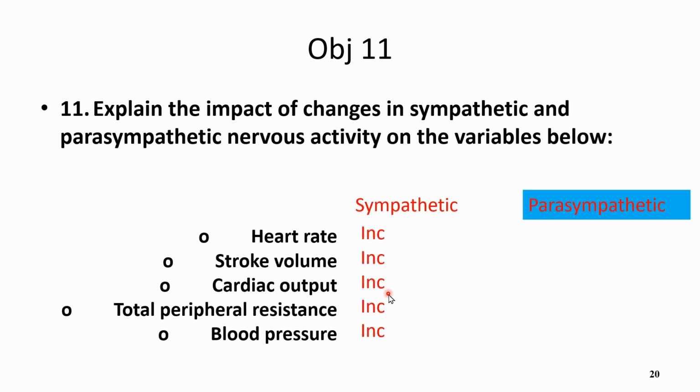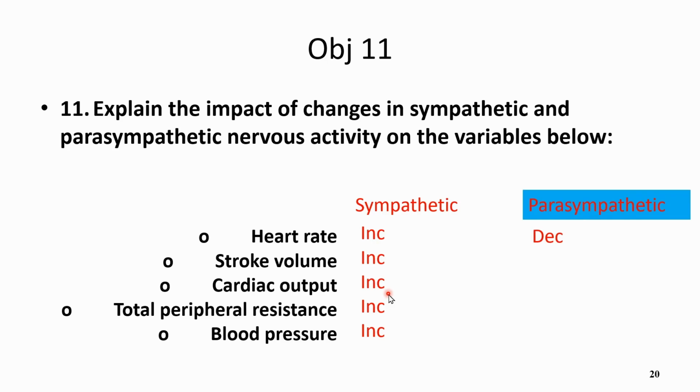Everything just increases, pretty much. Heart rate increases. Epinephrine on the SA node increases heart rate. Stroke volume increases, because the muscles are pumping stronger. Cardiac output would increase because cardiac output is heart rate times stroke volume. TPR would increase because epinephrine causes the arteries to constrict, which raises resistance. Ultimately, pulse pressure decreases. What happens with parasympathetic?